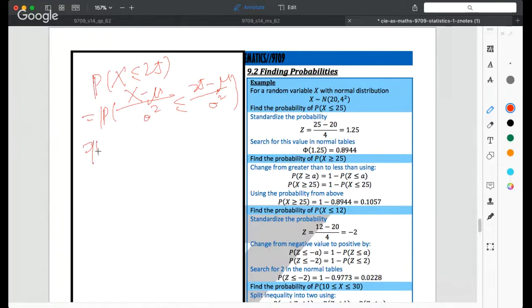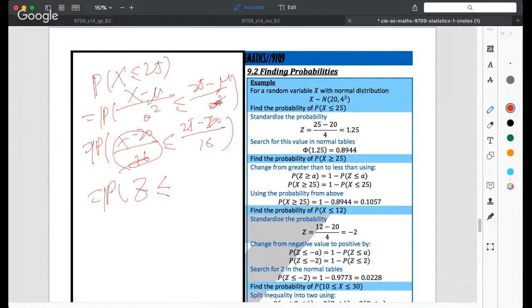And the probability of (x minus 20) over 4 less than or equal to (25 minus 20) over 4. So we know that this one is just z because it's standardization. And this one is 5.